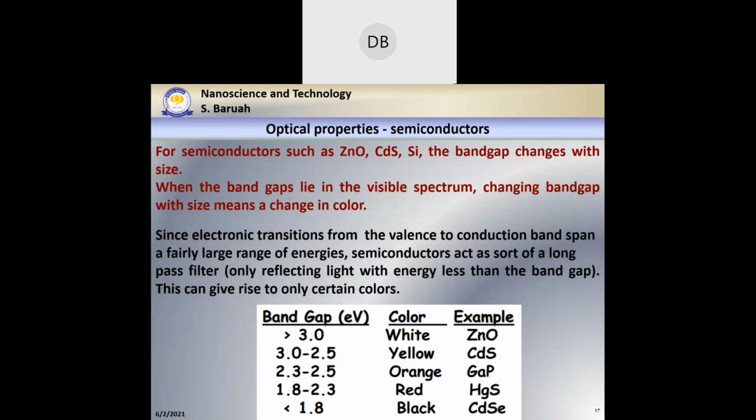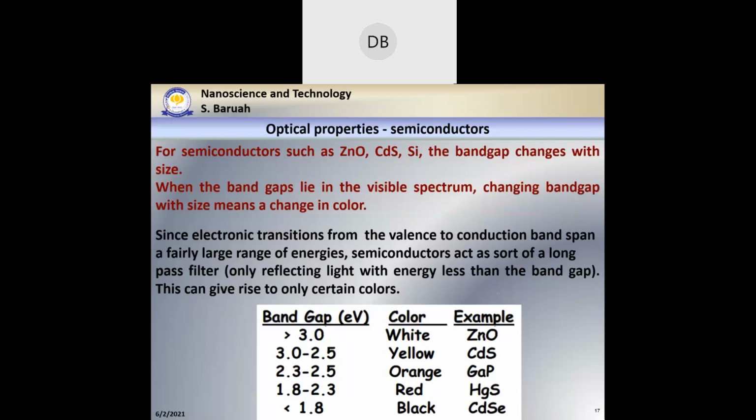So if the band gap is within that, then obviously visible light photons energy will be absorbed for this transition from valence to conduction, and that will affect the color because we can see. If it is in the ultraviolet or in the infrared, we will not see, right? So it has to be in the visible, meaning the band gap will be comparable to the visible region.